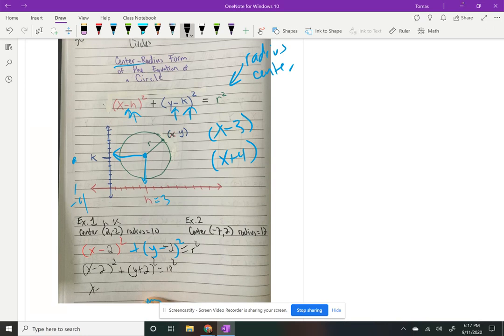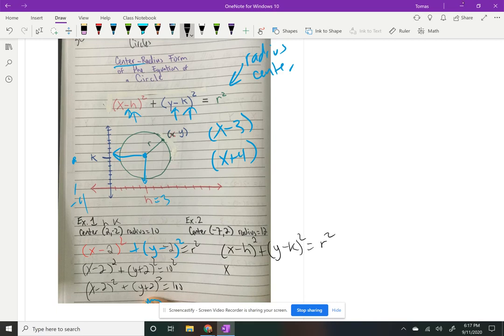And then our form would be 100. So when we're doing this one over here, we're doing the same concept. So we would do x minus h squared plus y minus k squared equals r squared.